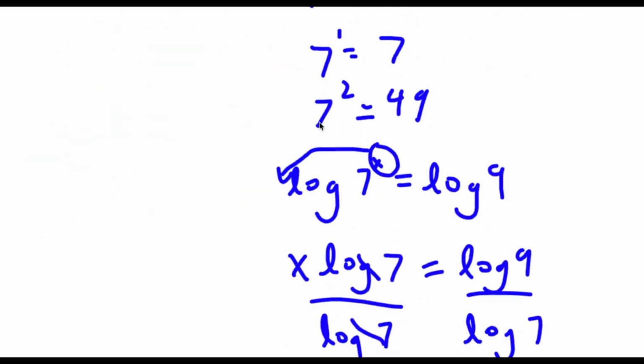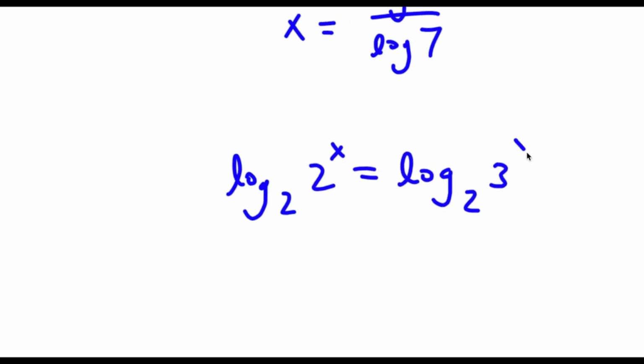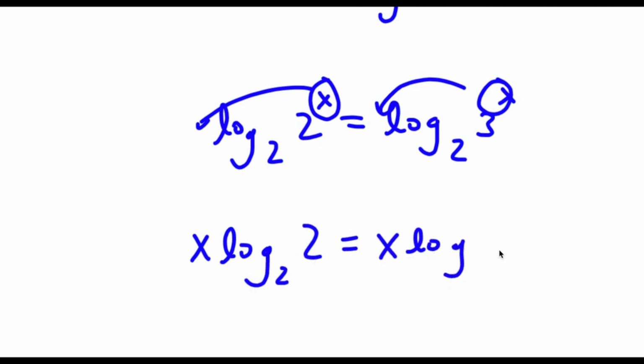So now I'm going to do the same thing with this. I had log base 2 of 2 to the power of x is equal to log base 2 of 3 to the power of x. So now if I move x to the front for both of these, I have x times log base 2 of 2 is equal to x times log base 2 of 3. Now log base 2 of 2 is the same thing as 1.